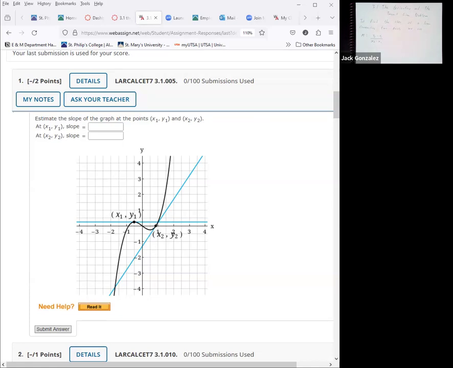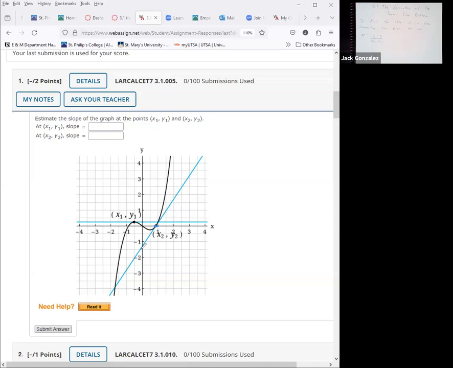So you can kind of estimate right here. The slope of a line right next to this point is going to be 0, because it's horizontal. The slope of this one is positive, going up left to right, so increasing, looks like maybe about 1, maybe a little more.